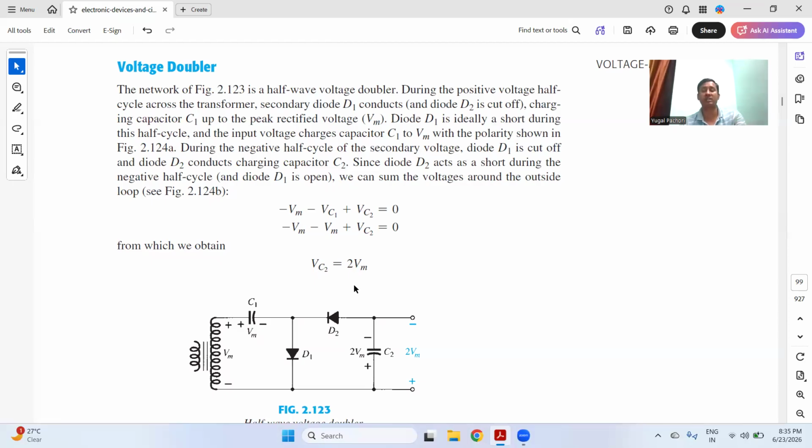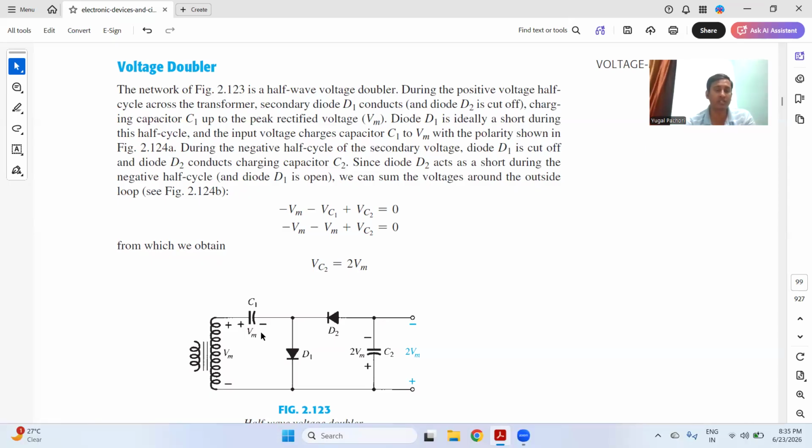If you understand what I'm trying to say, you can easily understand the operation of the circuit. There is a transformer, and there is a positive cycle and a negative cycle. Let's consider the positive cycle. In the positive cycle, capacitor C1 gets charged to the voltage VM.